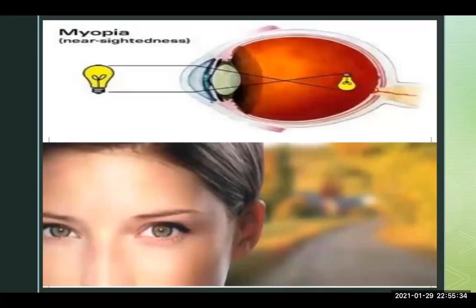As you see, the picture above shows how the lamp image comes to a focus in the vitreous in front of the retina, so it's hazy, and down the face is clear, but the trees far away are fuzzy and hazy. This is showing how the myopic person sees.